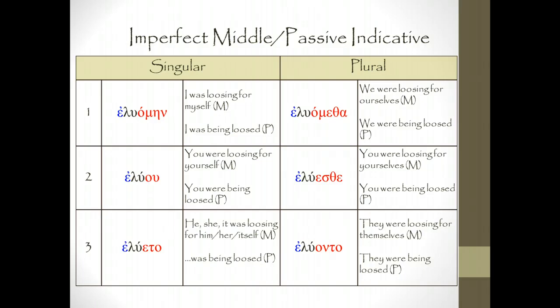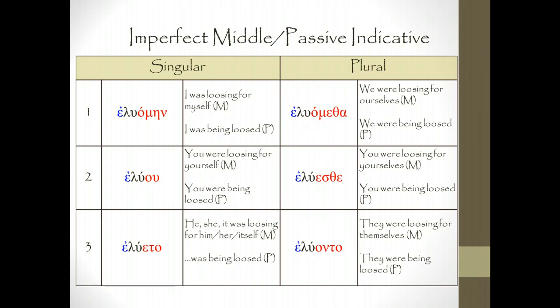Notice again that just like the active voice, we have our stem that continues throughout the paradigm, and before our stem we have our epsilon augment, followed by our middle passive indicative endings. Here we have our endings: omen, ou, eto, ometha, esthe, onto. A couple of observations.